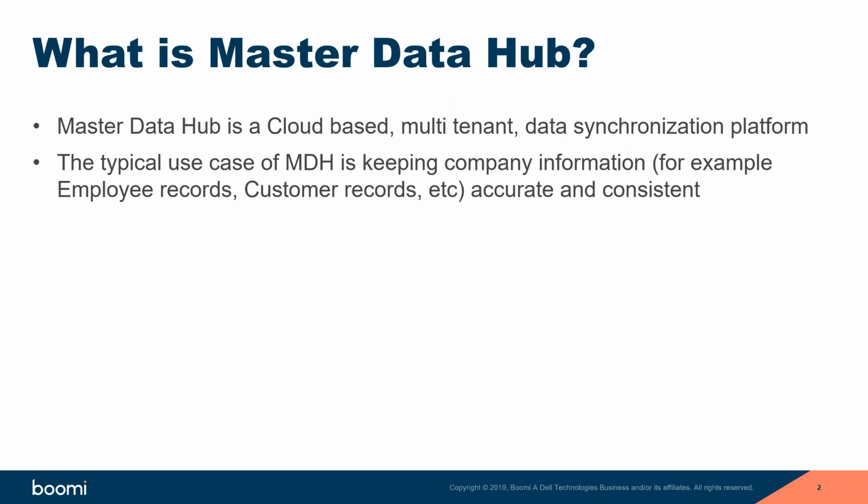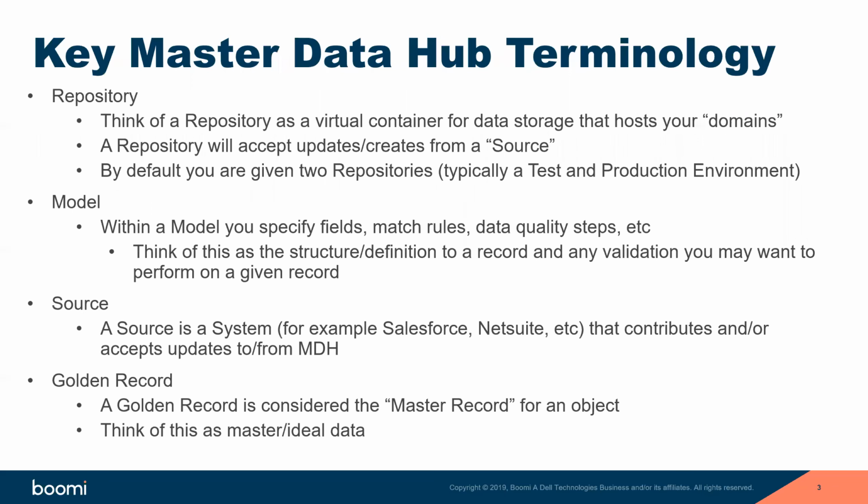From there, you can push and pull records based on certain aspects, certain fields. The typical use case of MDM that I've seen at least is keeping your company information accurate and consistent. For example, if you have employees or customers, keeping all those sources intact, uniform, and synchronized.